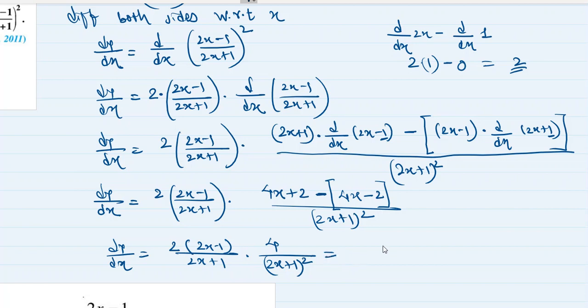I don't think so. So 4 2s are 8, bracket 2x minus 1 upon 2x plus 1, the whole cube. Can this be simplified further? I don't think so. A plus b the whole cube is a plus b bracket a square minus ab plus b square. Yeah, so it cannot be cut with anything. Okay, so I think this is the final answer.